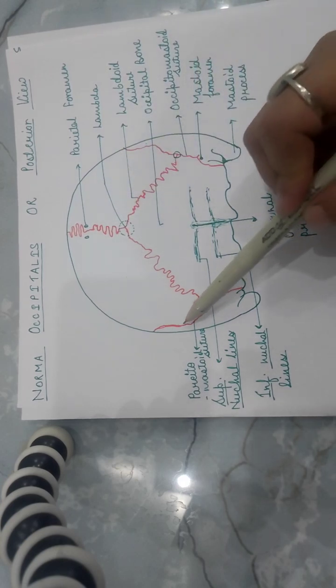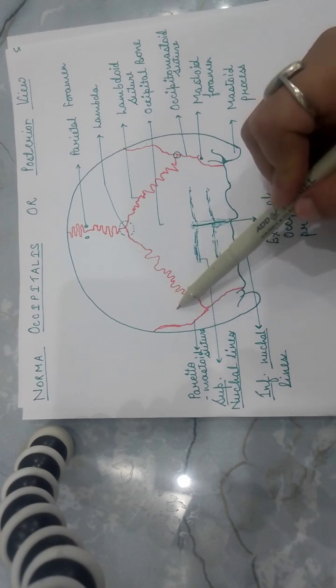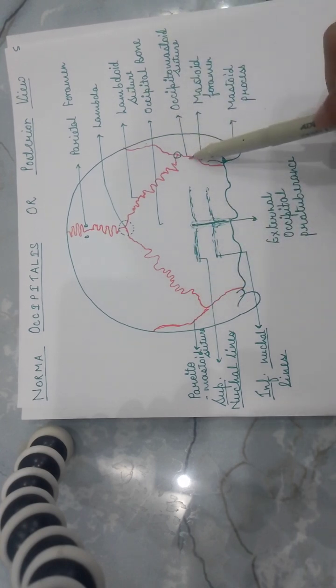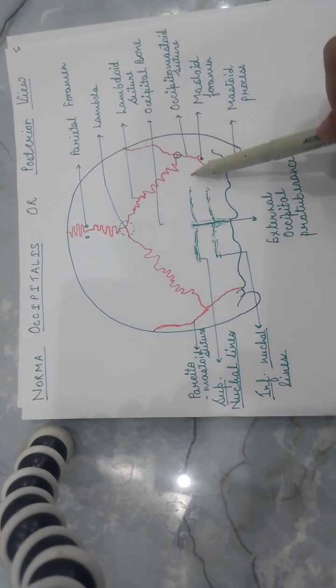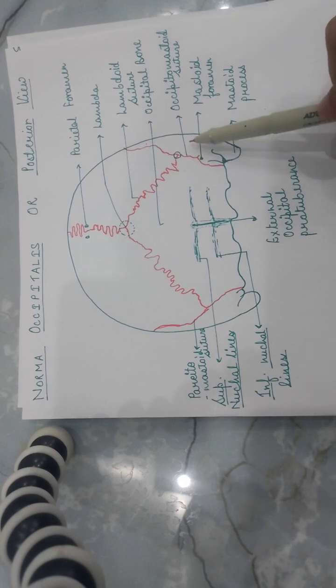and now this is your parieto-mastoid suture between the parietal bone and the mastoid part of temporal bone, and this is occipito-mastoid suture between the occipital bone and the mastoid part of temporal bone.